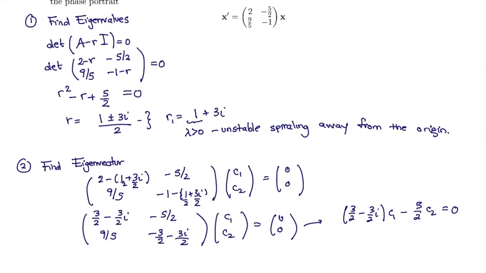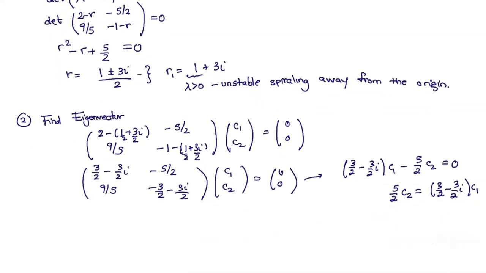And so I know this looks a little complex, but you would end up with 5 over 2 c2 equal to 3 over 2 minus 3 over 2i c1. The 2's can go away, and you can multiply through by 2/5 if you wanted, so that you would get c2 equal to 3/5 minus 3/5 i times c1.